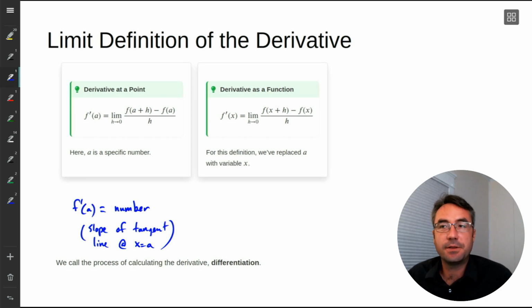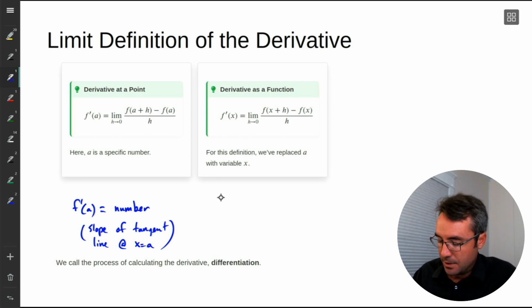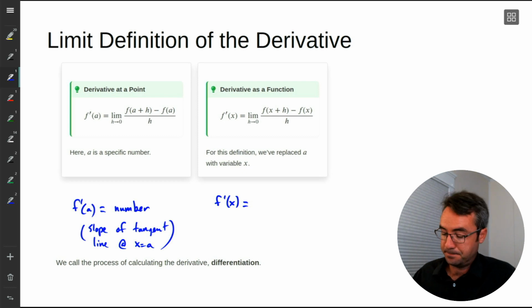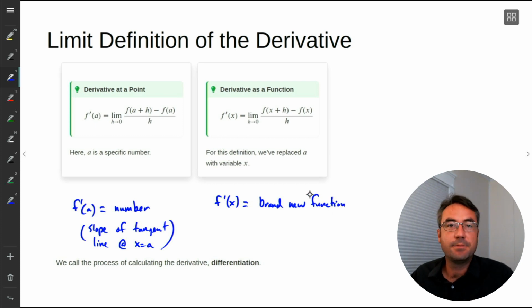Now, if we were to calculate f prime of x, what do we get? Well, we actually get a brand new function. A lot of times when we calculate the derivative and get a brand new function, there should be some x terms.